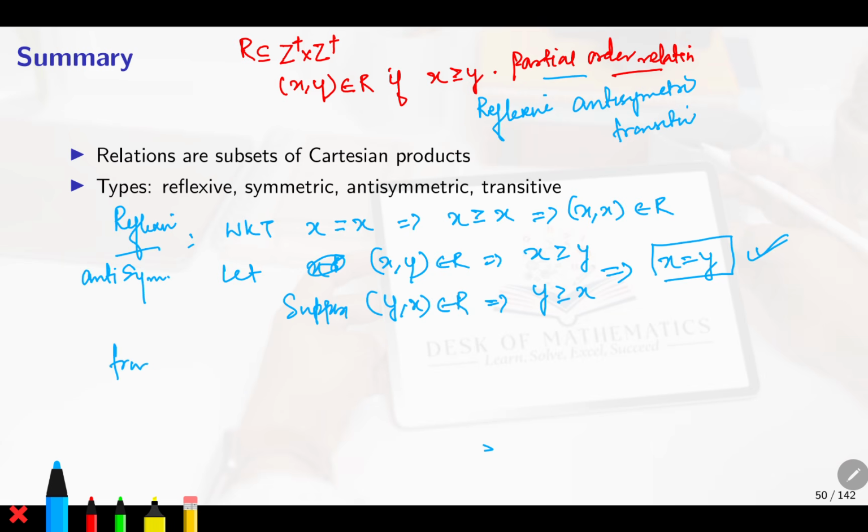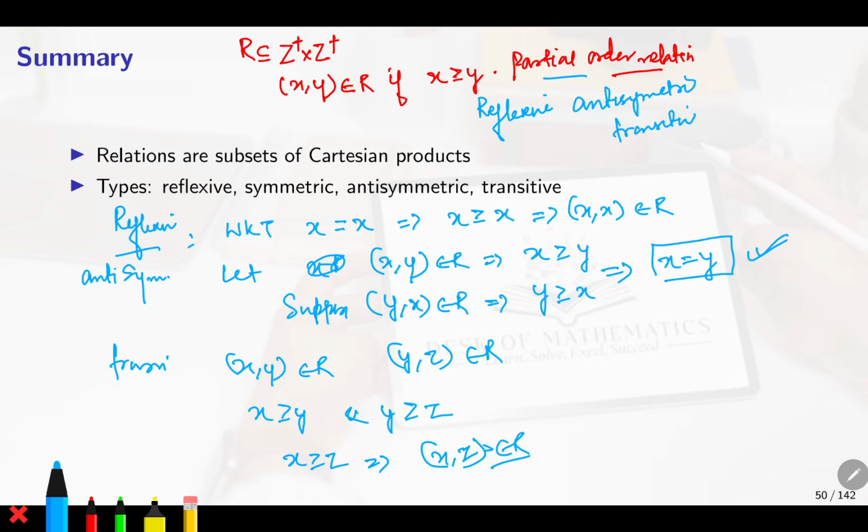Transitive: if (x, y) is in R and (y, z) is in R, that means x is greater than or equal to y and y is greater than or equal to z. So x is greater than or equal to z. That means x is related to z. That is transitive. Okay. So these types of questions will be in your exam.